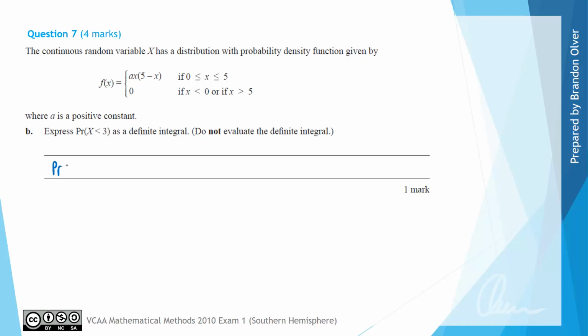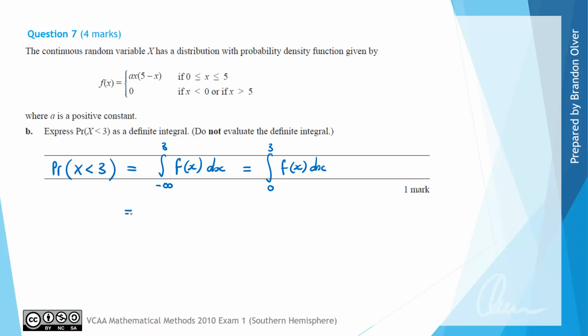The probability that x is less than 3 can be written in many different ways. We could write the integral from negative infinity to 3 of the function f of x dx, and again don't forget that dx. That could also be written as the integral between 0 and 3 of f of x dx, because we know that when x is less than 0, the value is simply 0 anyway.